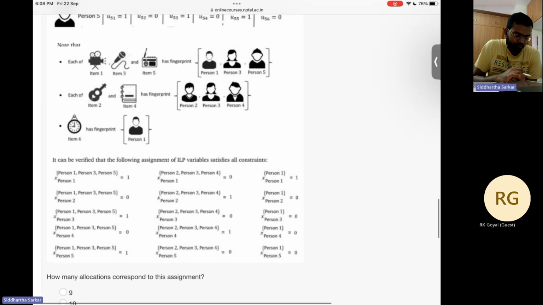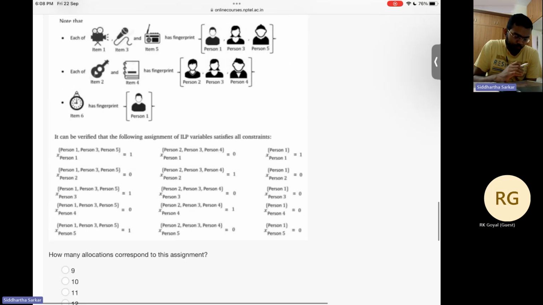So given the fingerprints, we designed an ILP. The description of the ILP is in the video, and a sample solution to the ILP was given. The variables corresponding to a person and a fingerprint were given some assigned values, and the claim was that this is a feasible solution to the ILP, which we have seen in the videos.